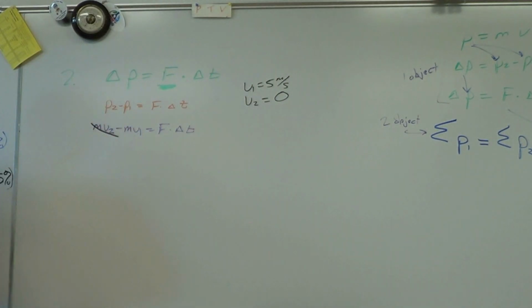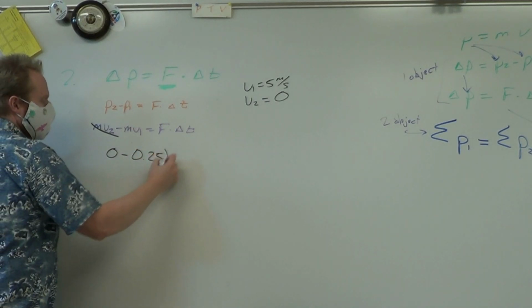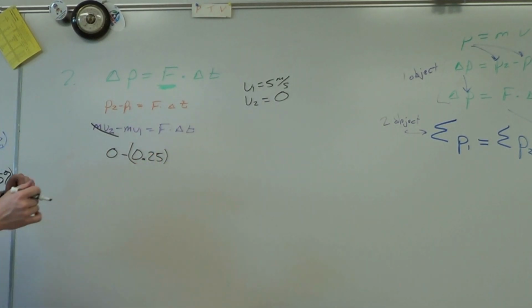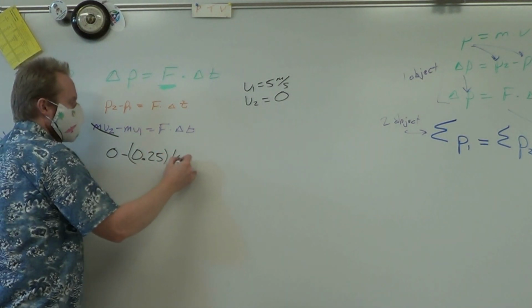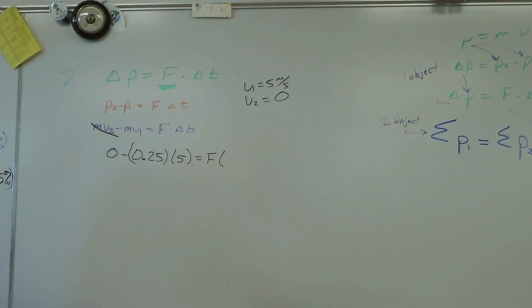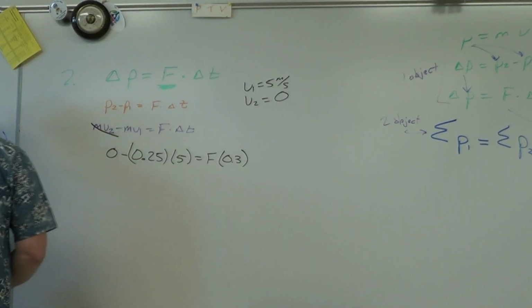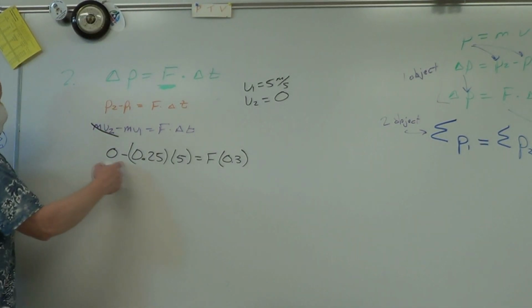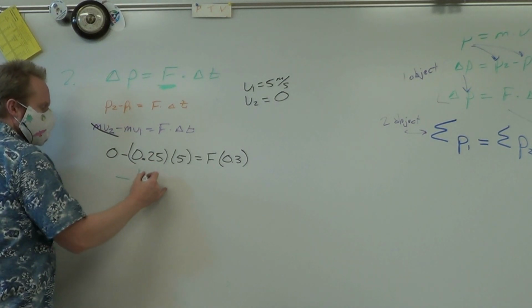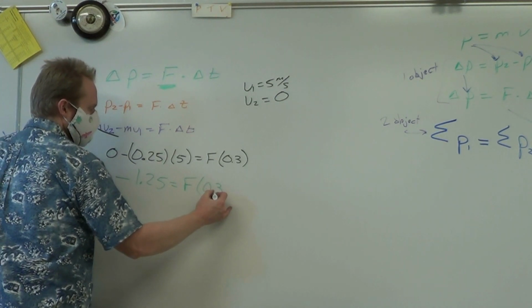So that means that term is 0. M times V, if V is 0, then P is going to be 0. So 0 minus the mass of 0.25 times 5 is equal to F times the time of impact, and that time of impact is 0.3. So 0 minus, so negative 1.25 is equal to F times 0.3.